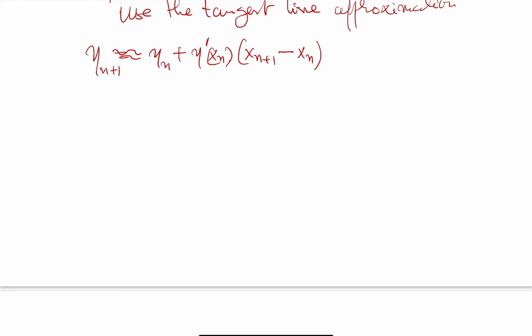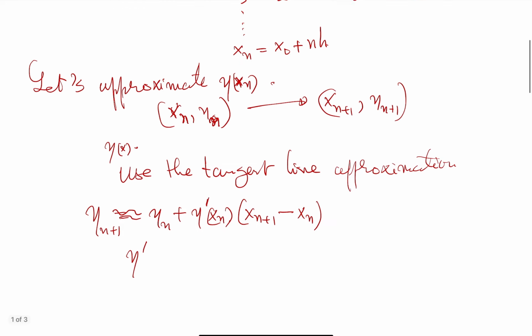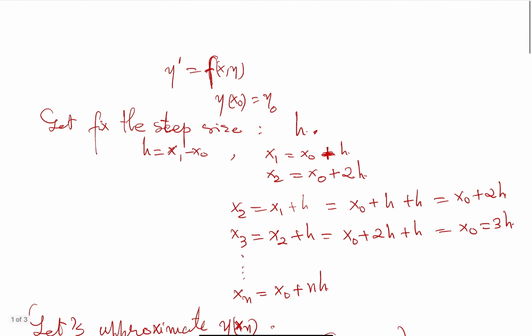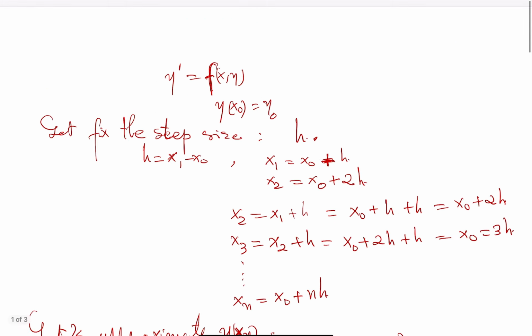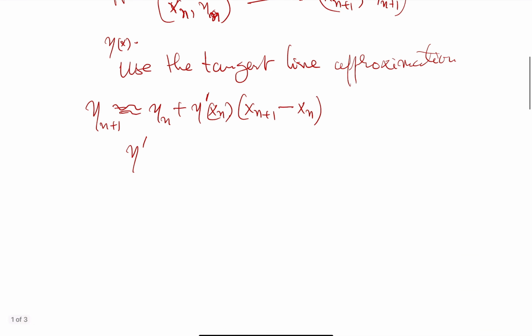And remember, we are dealing here with y prime is equal to f(x, y), a function of x and y. So y prime of xn is nothing other than f(xn, yn). Okay? You can substitute from here.